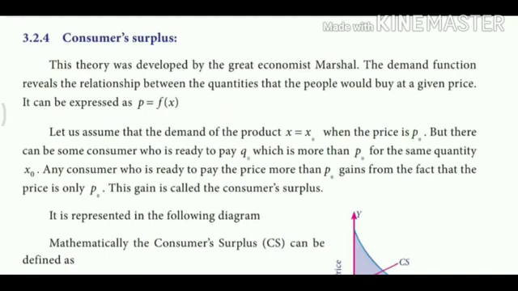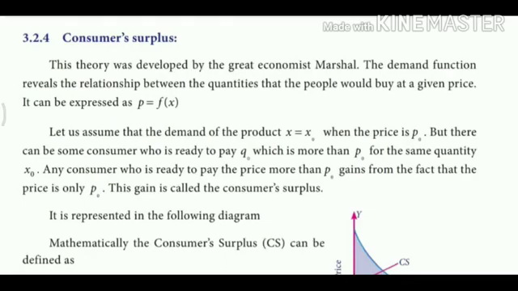The demand function reveals the relationship between the quantities that people would buy at a given price. That is, the amount of quantity people buy at a given price is revealed as a demand function. It can be expressed as P equals f of x.